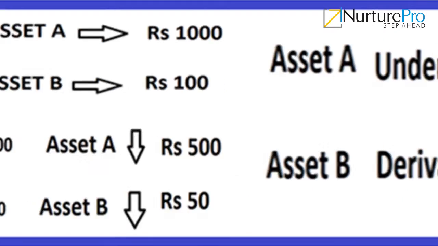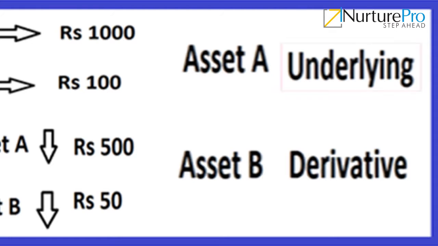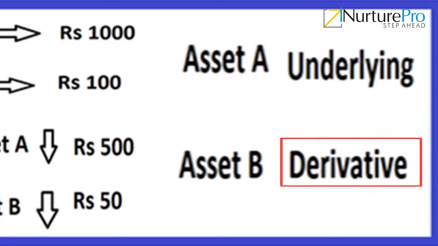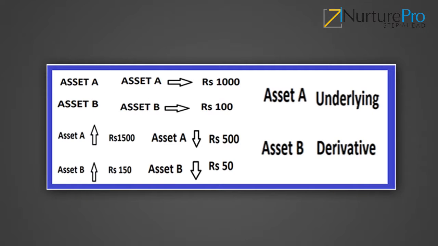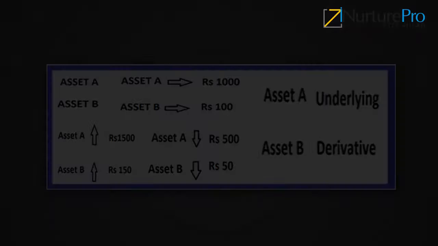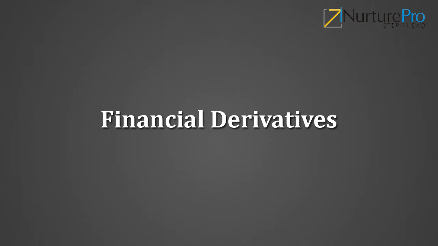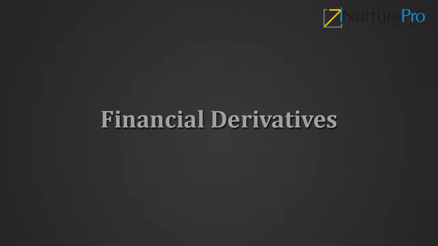In this case, asset A can be called as the underlying asset, asset B can be called as the derivative. The most important takeaway from this example is the value of the derivative depends on the value of the underlying asset. Now let us focus on what financial derivatives are.